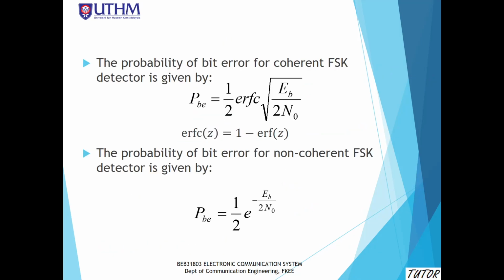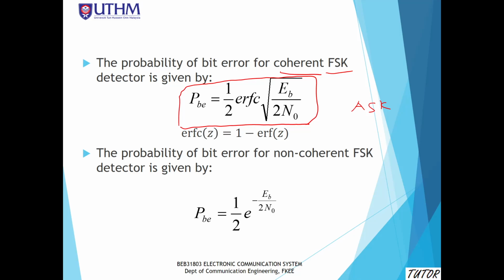And then what about the probability of bit error for FSK? Probability of bit error for FSK using coherent detection: if the receiver is using coherent detection, how do we calculate the probability of bit error? If you see from this equation, it is the same as the ASK method.